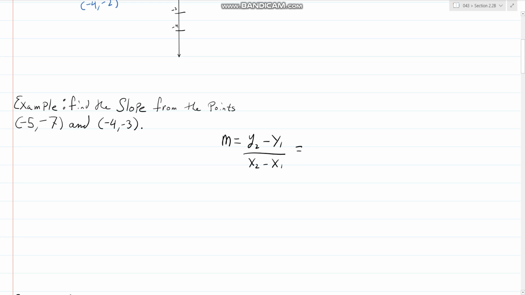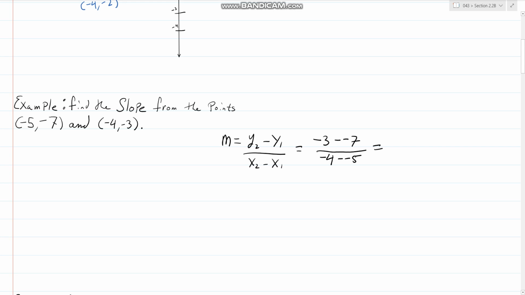You can pick this as y2, so -3 minus -7. There's a negative sign for the point and a subtraction sign in the formula, so we've got to watch for that. Then you have -4 for x2 minus -5, because there's a minus sign in the formula and a negative sign in the point.